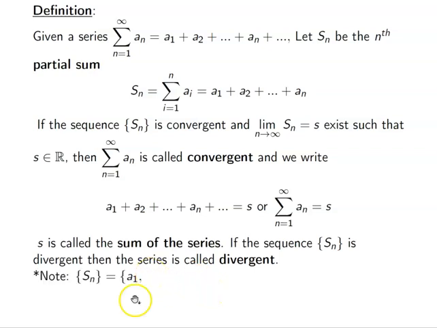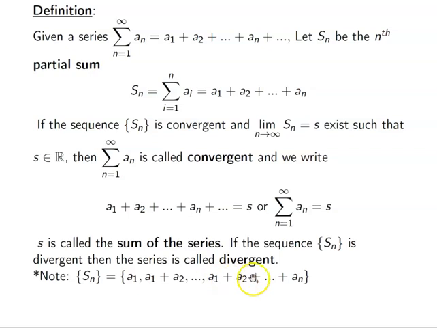As a note, the sequence of partial sums starts off with just the first term. The next term in the sequence is the first and second terms added together. The third one is the first three terms, and so forth, until I add up all of the terms up to n.